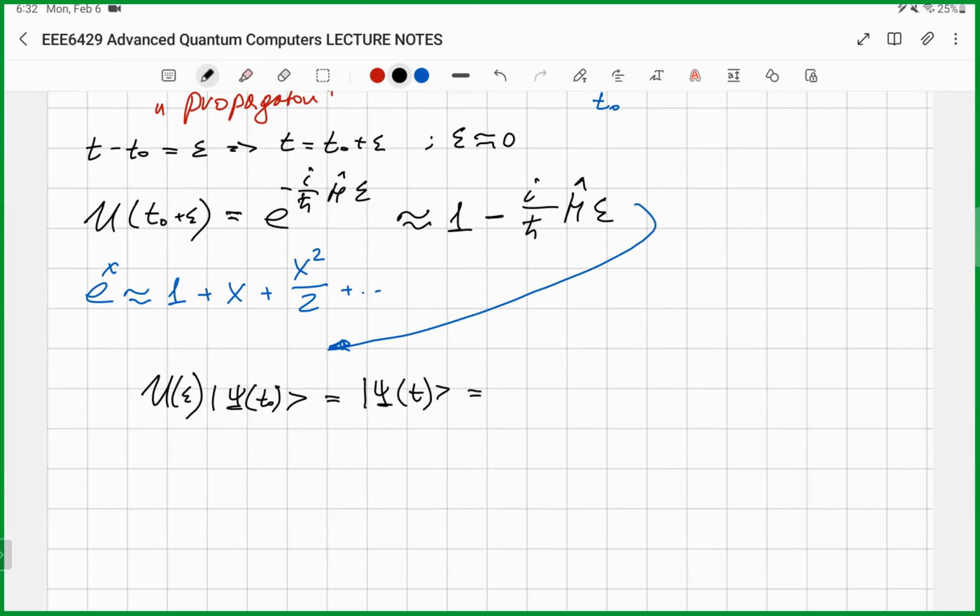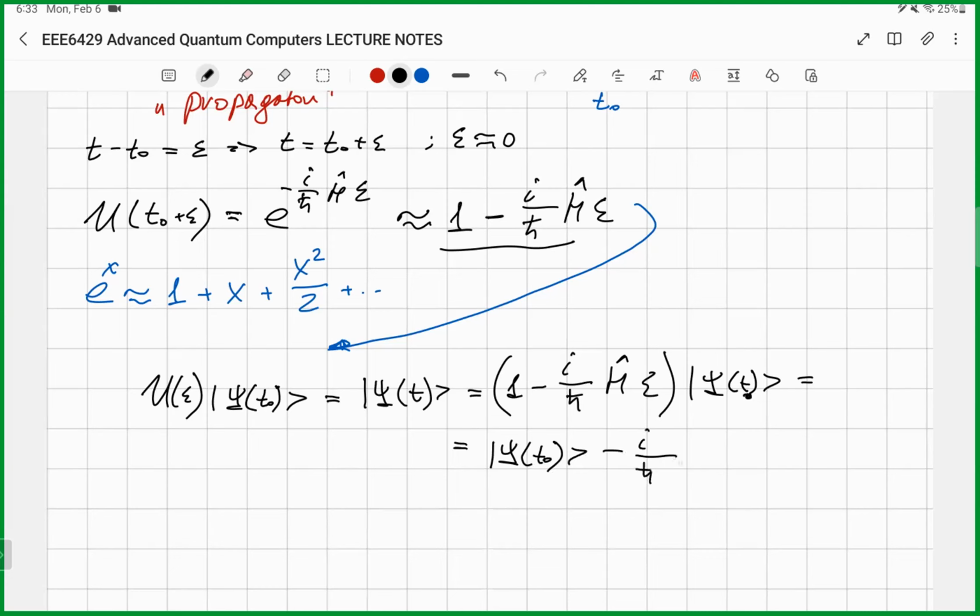On the other hand, we have this operator here, which is 1 minus i over h bar Hamiltonian epsilon, and all this is multiplied by psi of t sub 0, of course. Sorry. Okay, let's expand the brackets. I'll get psi of t sub 0 minus i over h bar Hamiltonian psi of t sub 0 times epsilon.